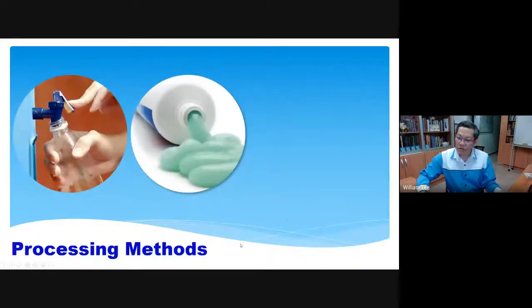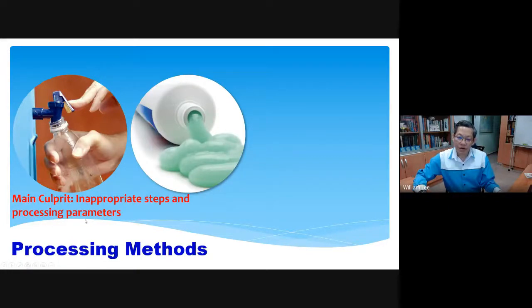Okay, and then when it comes to the processing method, I found out that inappropriate steps and processing parameters are the main culprit from this M factor here, from the methods. You know that your plastic is actually not truly like a liquid, so they are very thick and quite sticky, right?